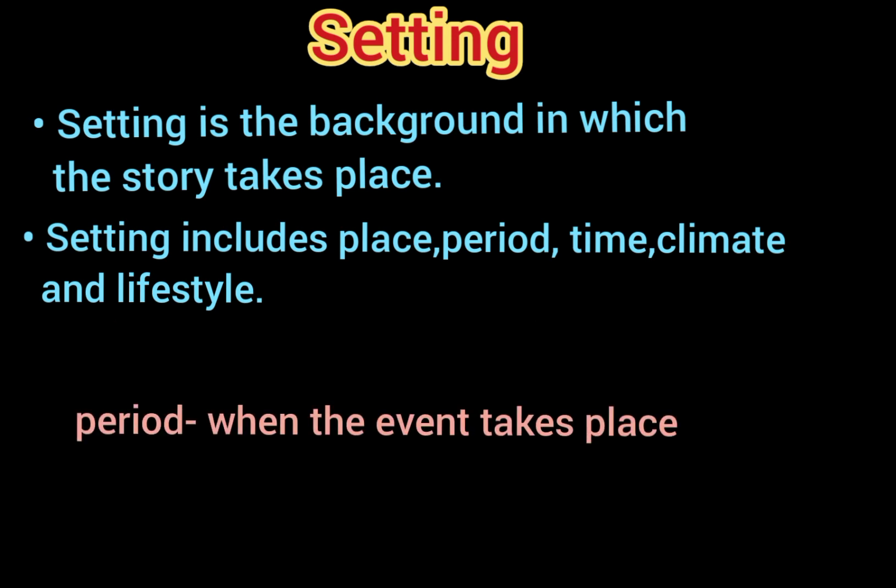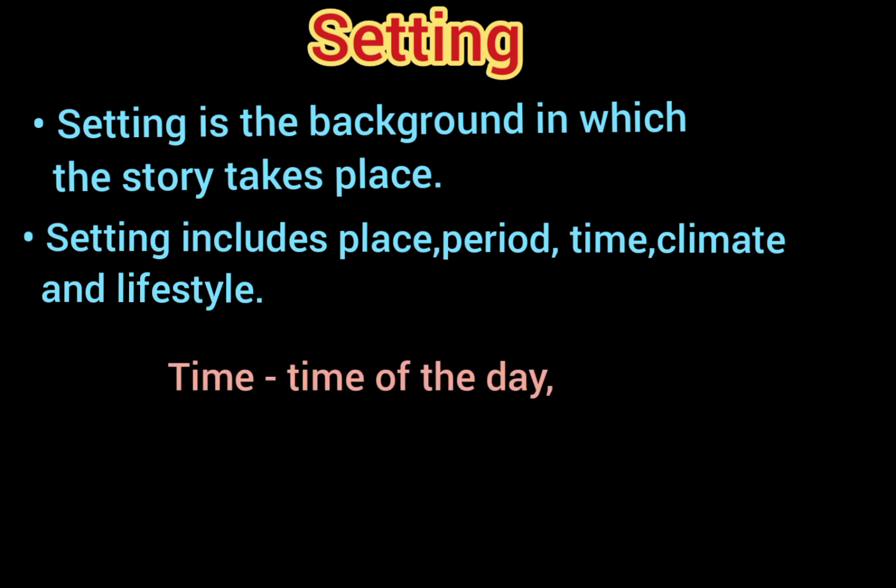Period means when the event takes place. Period means it may be mythological, historical, colonial, or related to the future. Time of the day means morning, afternoon, evening, or night. Time also means a particular month, year, or season.